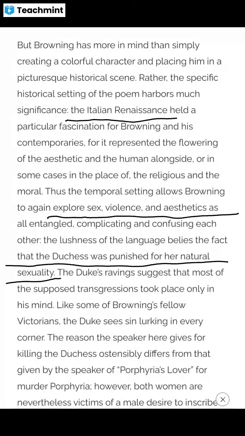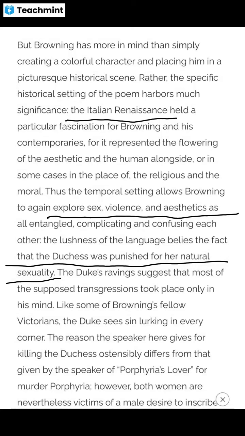This was not liked by the Duke. The Duke doesn't like the manner of the Duchess, and this is why the Duke gives a command to his subordinate to stop all the smiles, because she gives her smiles to everyone.